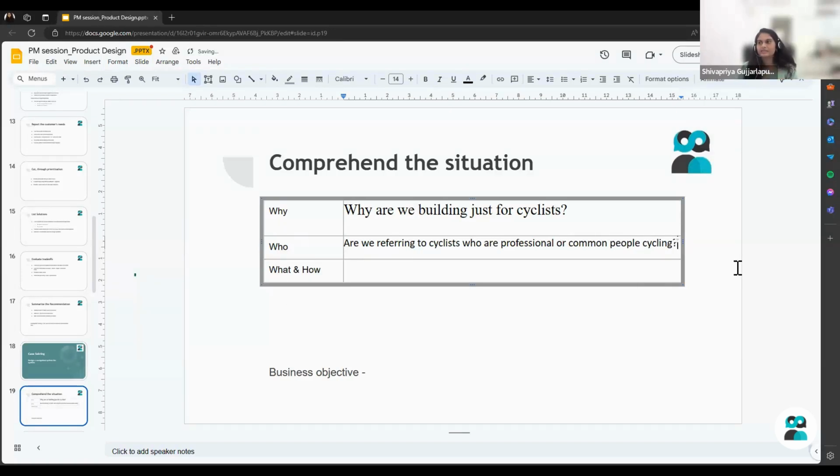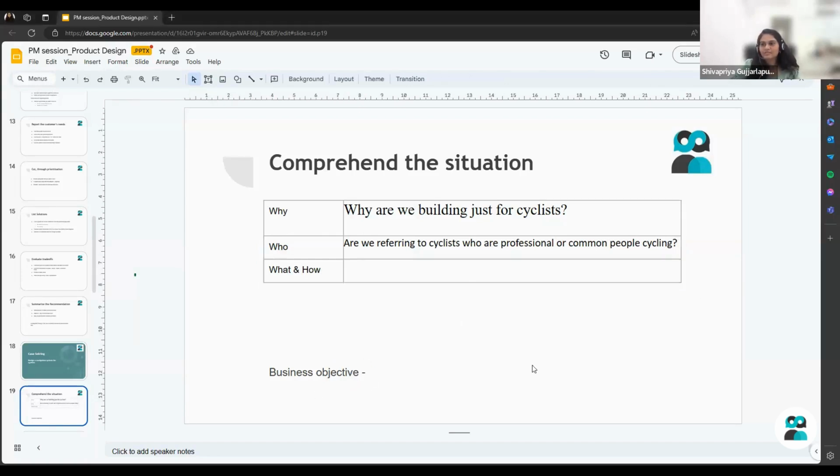Because in case the interviewer has a more specific answer, this is the place they will give you more context. Any more questions? Anything else that you would like to clarify? At the end of this step, we want to take away a single line business objective, a single line design question, which is more specific and more clear than the original question, which just says design a navigation system for cyclists.